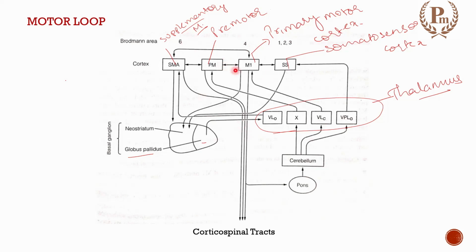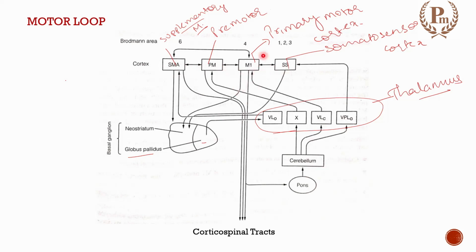Now, what are the connections? First of all, let us see how they are connected to each other. Your primary motor, premotor, supplementary motor, and somatosensory cortex are connected to each other in a reciprocal way, meaning they are connected both ways, right?